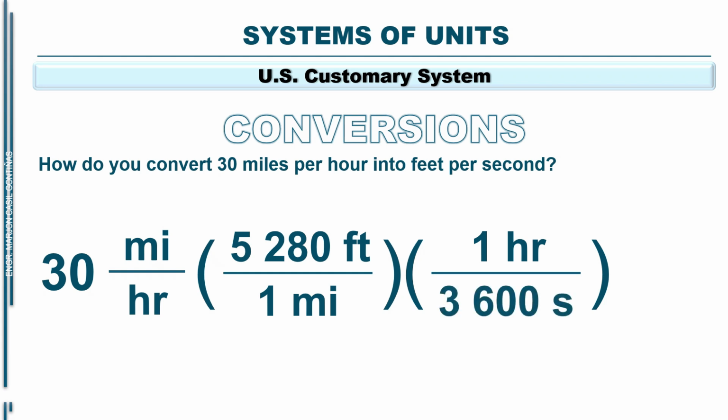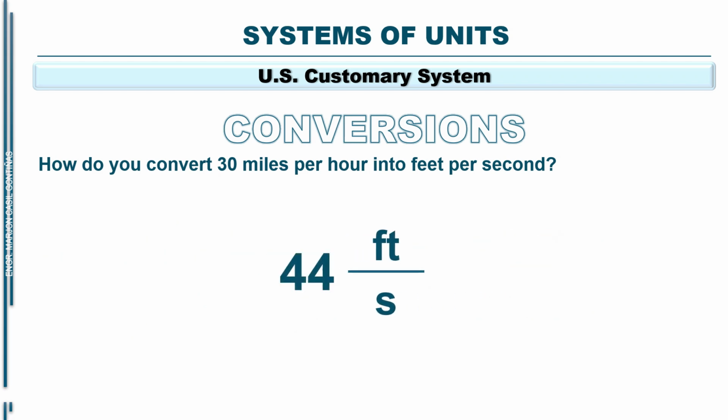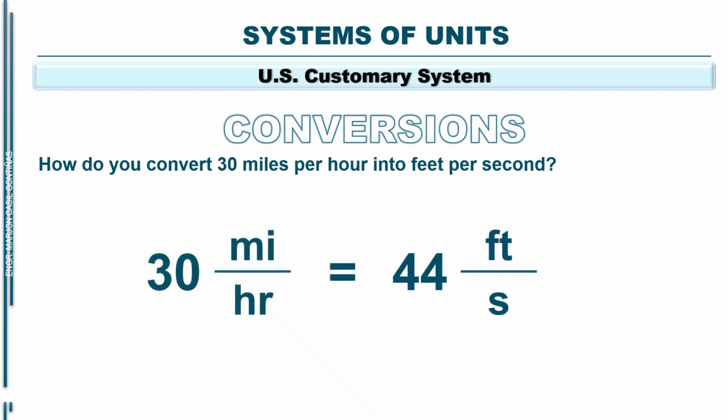Breaking it down, miles cancel out, hours cancel out. Now multiply the numbers. 30 times 5,280 divided by 3,600, and that is equal to 44 feet per second. So 30 miles per hour equals 44 feet per second.